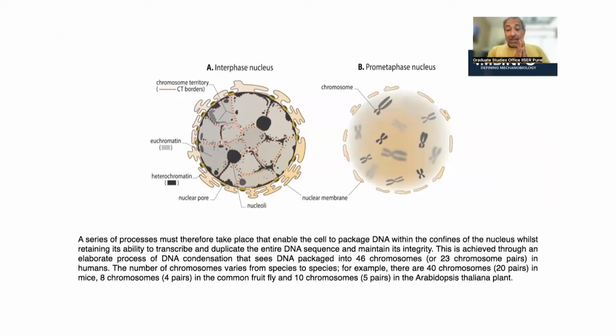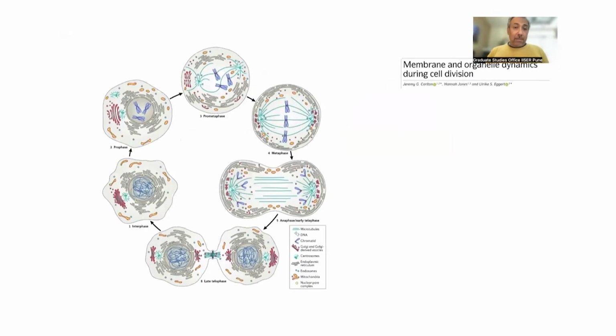There is obviously division of the DNA that has taken place in the S phase. And when it reaches the pro-metaphase nucleus, the DNA is now packed into two sister chromatids, as they are called, which are now ready for separation as well. So the packing of the DNA is one of the first steps that happens, right?